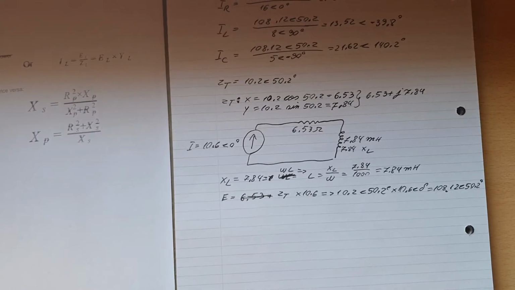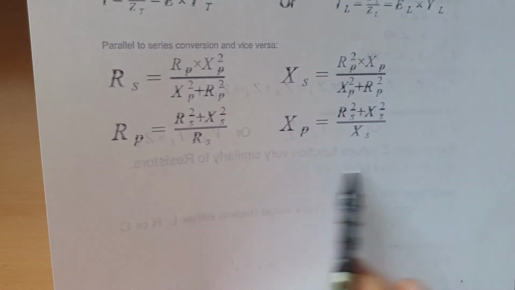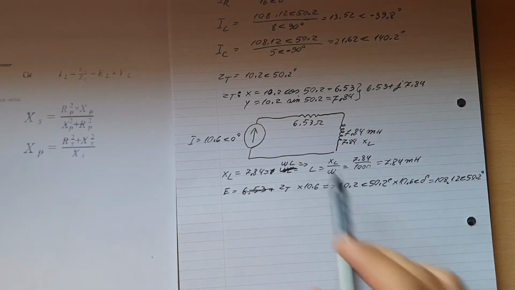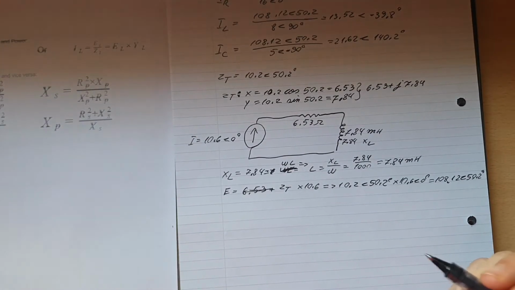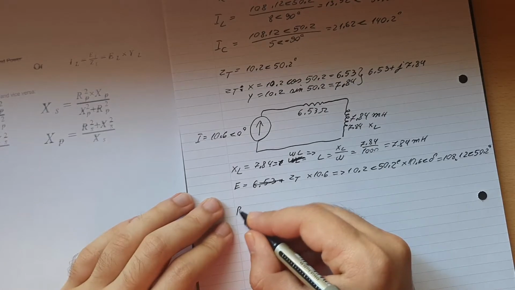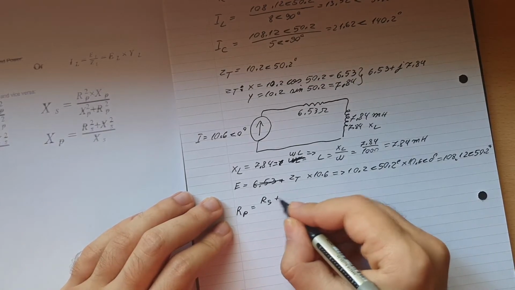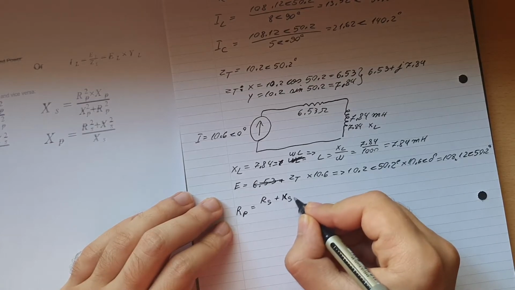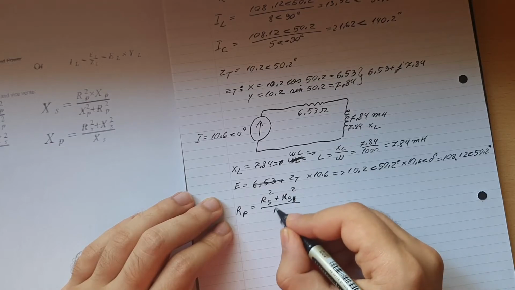Let's finish it off. So the next thing that I want to show you is how to use this formula to make a series circuit into a parallel circuit. So basically we have this form here, and maybe you want it to be in parallel. Well, then you simply write the formula: R in parallel is equal with R in series squared plus XS in series squared, divided by R in series.